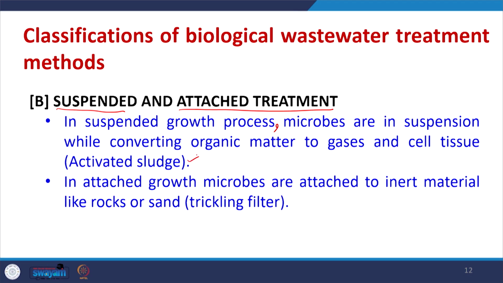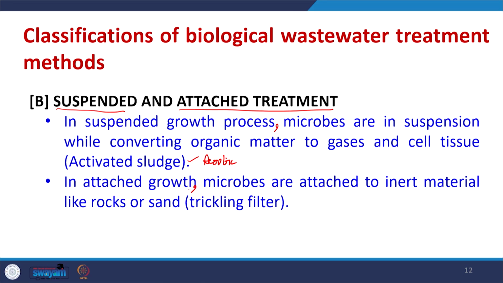One example is the activated sludge process, which happens in the aerobic condition. Okay. So, we can have anaerobic conditions also, but under aerobic condition activated sludge process is one of the most common treatment methods for wastewater treatment.